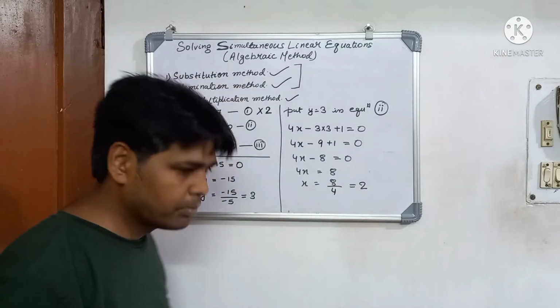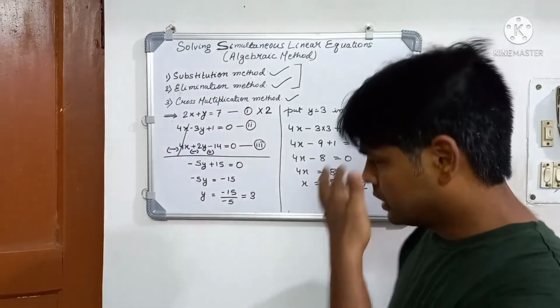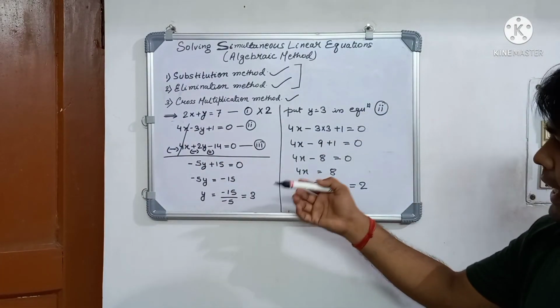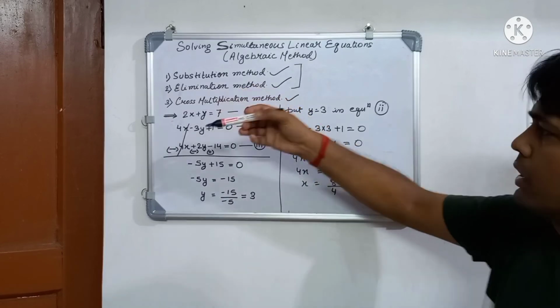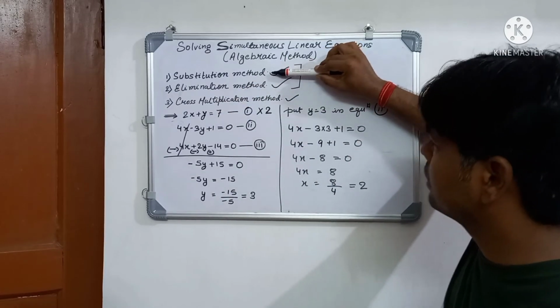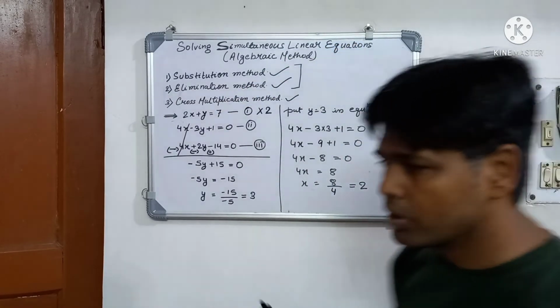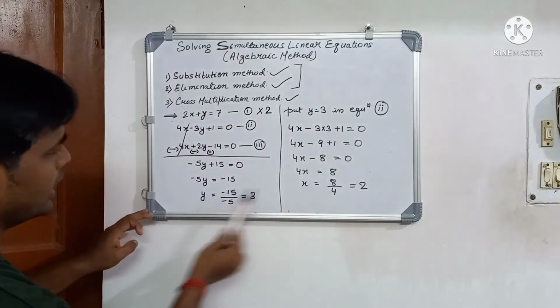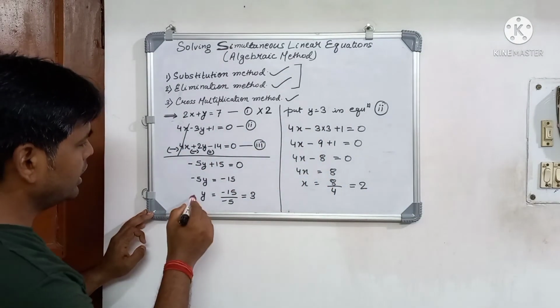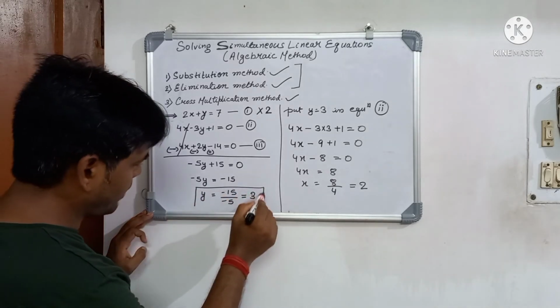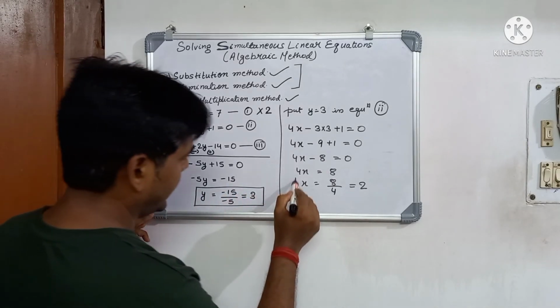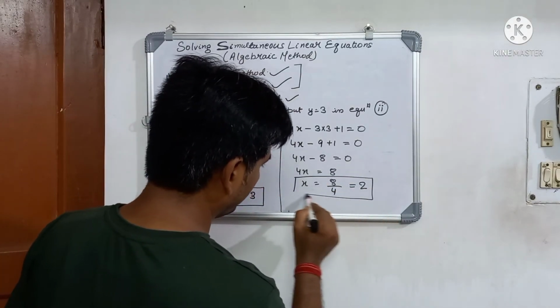So my dear friends, you might be remembering that the solution that we found for x and y in the previous method, where we solved by the method of substitution, we got the value y equal to 3 and x equal to 2. Similarly, we have obtained the same value for the x variable and for the y variable.